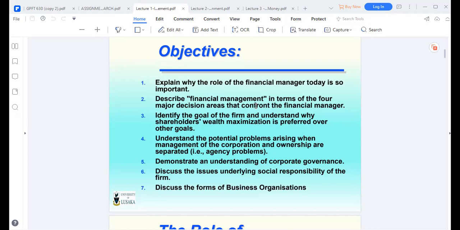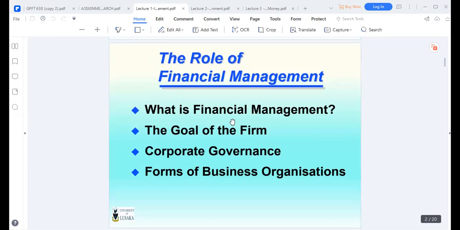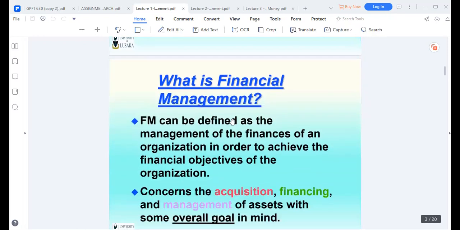We're also going to look at the structures of a business, sole trader companies and corporations, like we learned in our financial accounting, the types of businesses. So quickly, we will start by understanding the role of financial management and the goal of a firm, in corporate governance, and the forms of organizations.